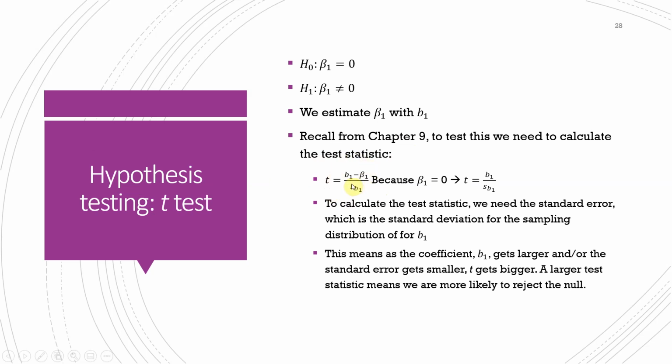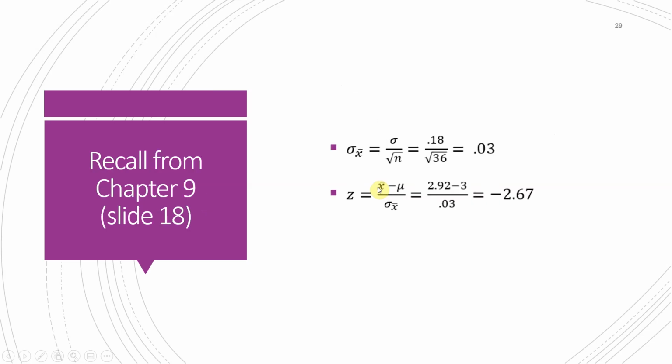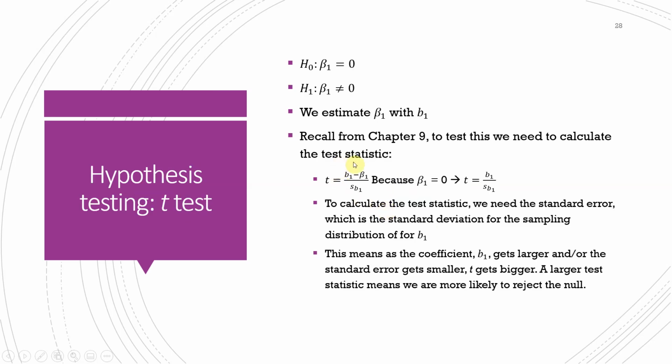Look at the equation. It's very similar to the z equation we just saw. It's the difference between some point estimator and some population parameter, divided by a standard deviation. We have our point estimator, b1, and beta 1, which is 0. We're testing to see if this estimate is statistically different from 0, and then dividing by some standard deviation.